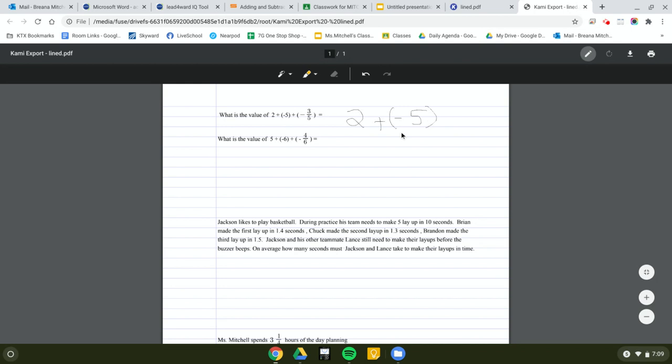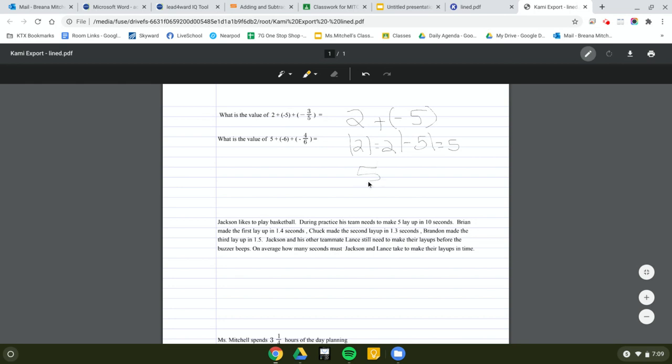So you have the absolute value of -5. We know that that is 5. And we know that the absolute value of 2 is 2. Remember, absolute value is always going to be positive.